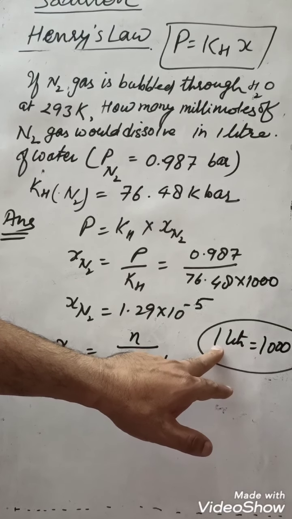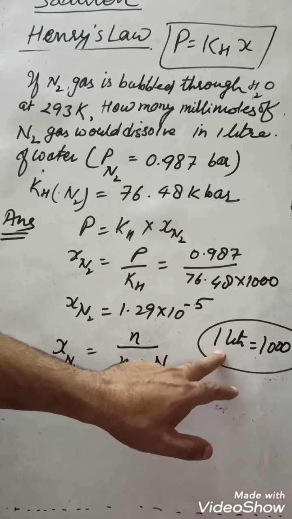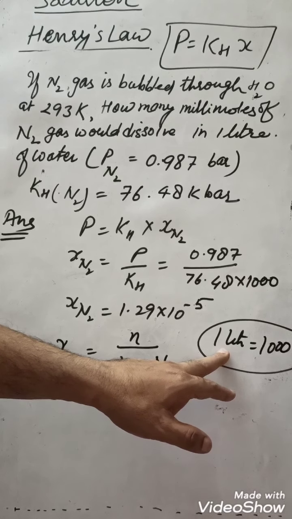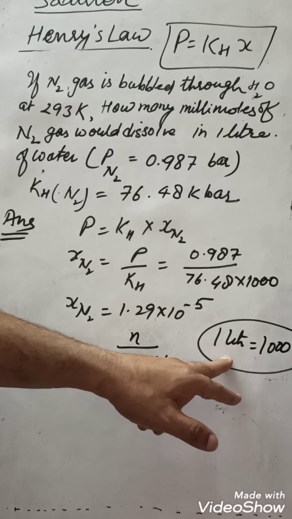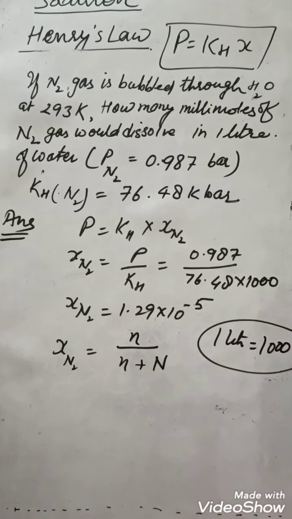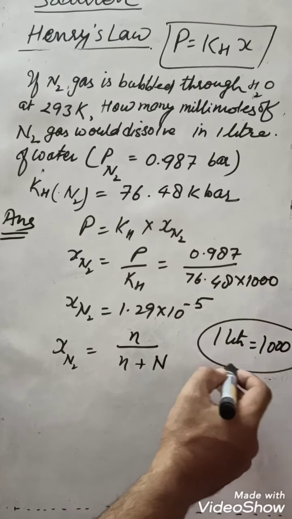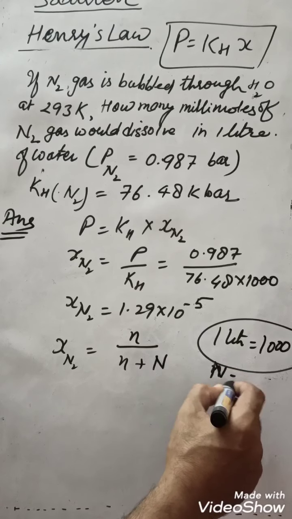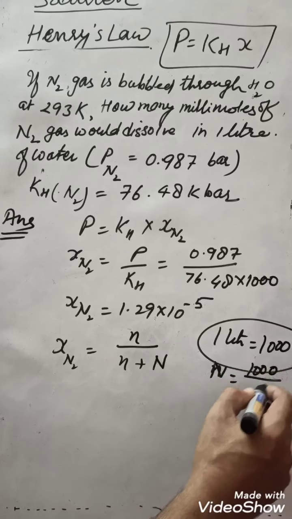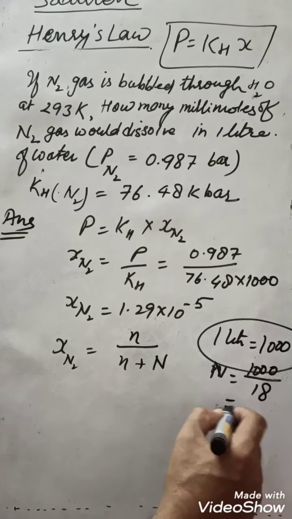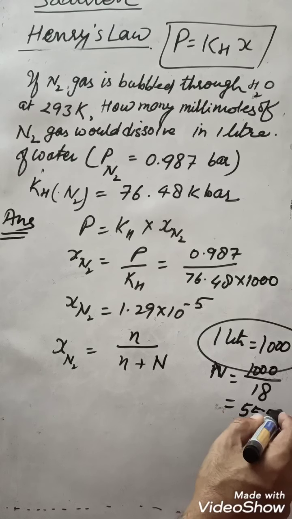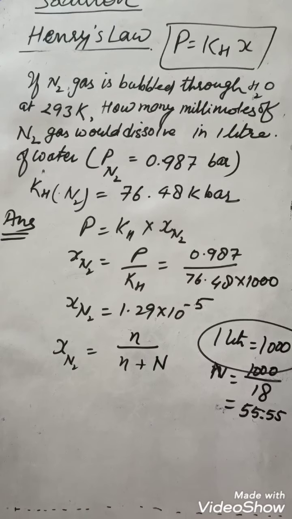So volume is 1000 ml, 1000 cc, so 1000 cc, 1000 ml or 1 liter contains 1000 gram. So its number of moles will be amount of substance divided by molar mass, that is 55.55 simply.